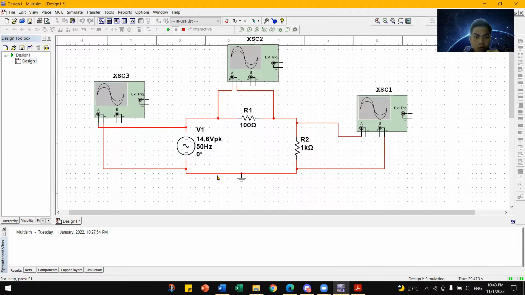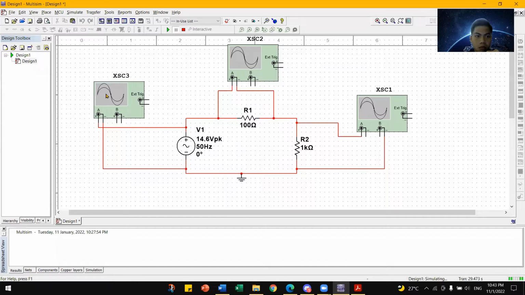This is the source with the voltage value 14.6 volts and frequency 50. The load is a resistor of 100 ohm, and the second load is 1000 ohm.